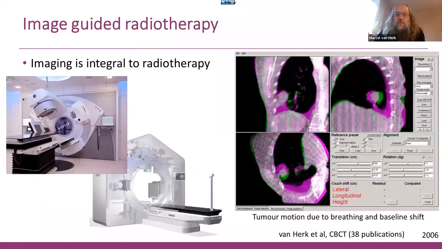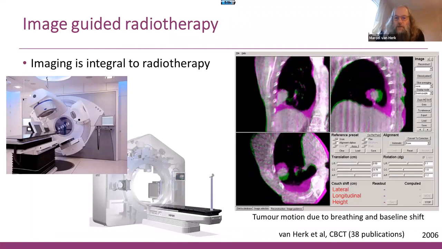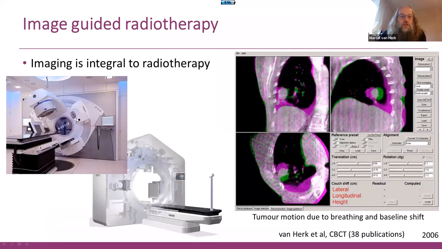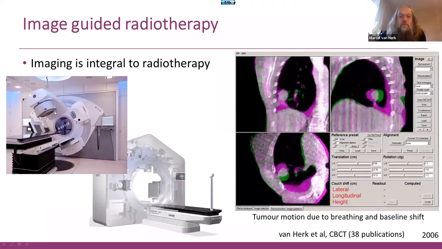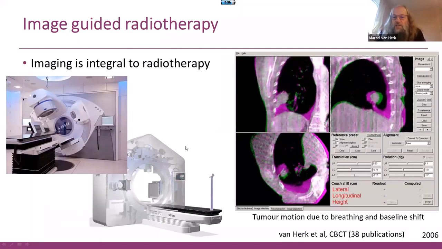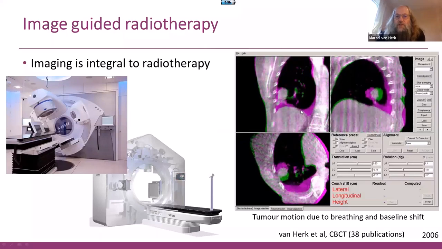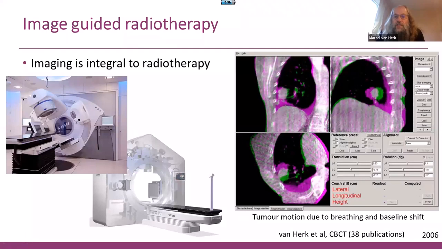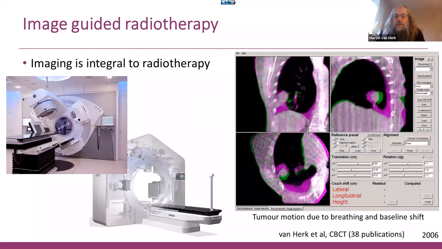Another thing that I've worked on is cone beam CT image guided radiotherapy. Basically all modern treatment machines have a built-in X-ray tube and flat panel imager. And if you rotate around the patient, you can make a 3D or 4D representation of the patient. And this picture shows you a movie loop of a patient imaged twice a couple of days apart on different fractions.